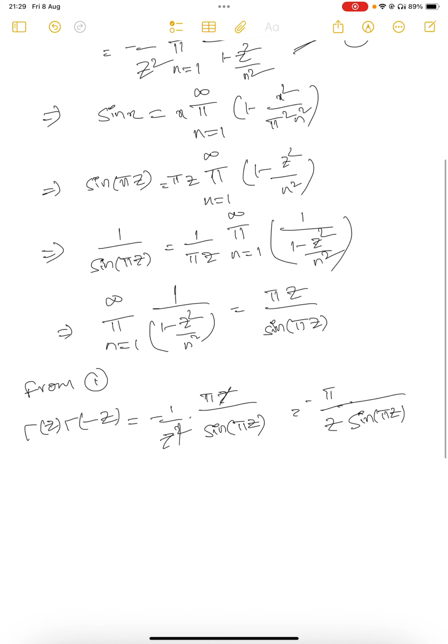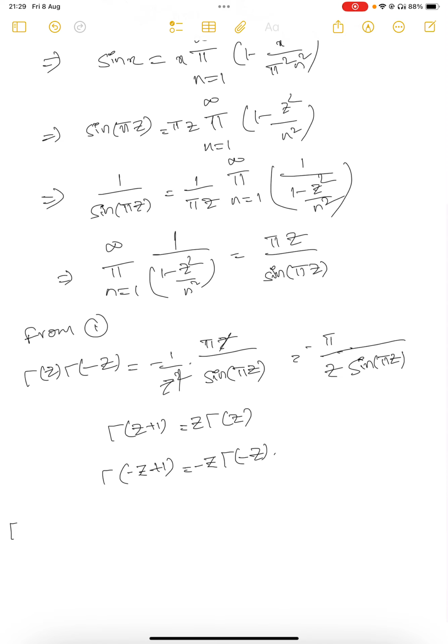Our Euler reflection formula is gamma of z into gamma of 1 minus z, right? So we know one thing, gamma of z plus 1 equal to z into gamma of z. What if I make z tend to minus z? Then it will be minus z plus 1 equal to minus z into gamma of minus z.